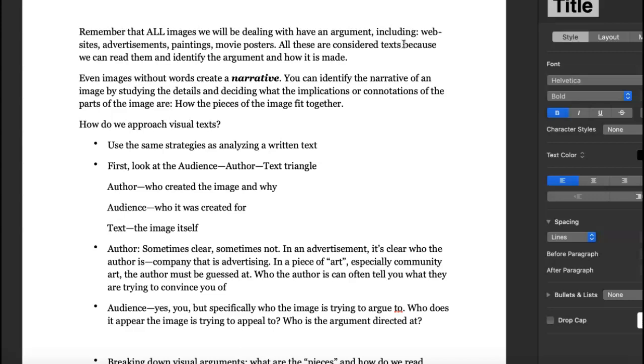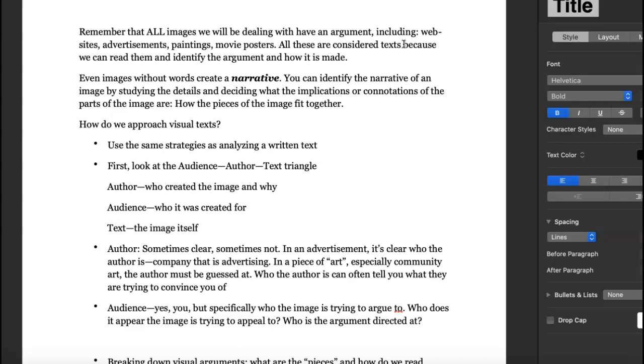Some steps that I think are particularly helpful for approaching visual text is using the same strategies as you would to analyze a written text. So you certainly start by looking at the audience, author, and text triangle. Who created the image and why? Sometimes this is very well known. Sometimes this takes a little digging.